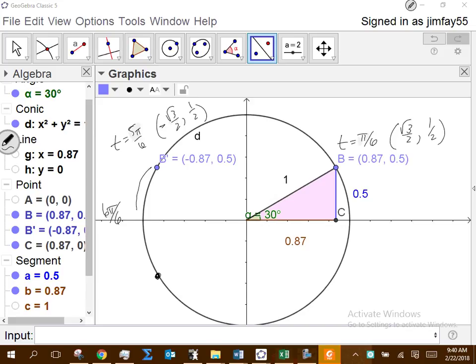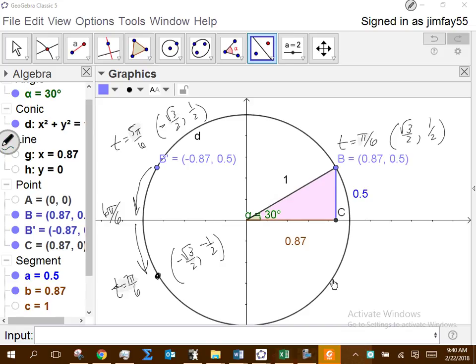And we know that distance there was pi over 6, right? So what's the total distance from here all the way around to there going to be? 7 pi over 6. So if T is 7 pi over 6, what's the ordered pair that's going to go with that? Negative radical 3 over 2, negative 1/2, right? It's the exact same ordered pair as that, except now the y is negative.